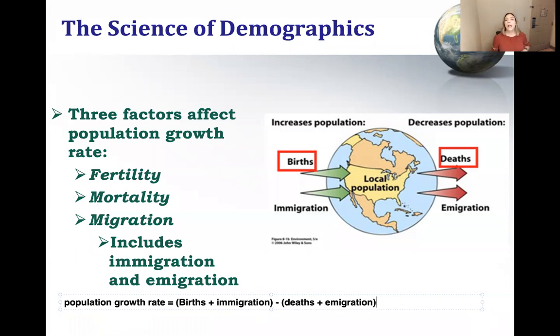All that is saying is that when you are looking at population growth, you need to take all of the organisms born plus those moving into the area and subtract all the organisms that died and moved out of the area. And that will give you the population size. And then you can get growth rate.